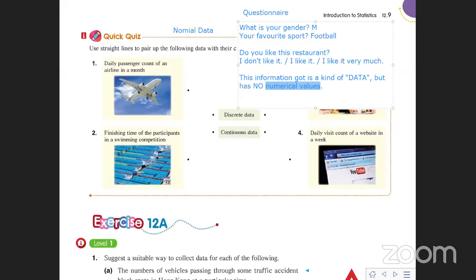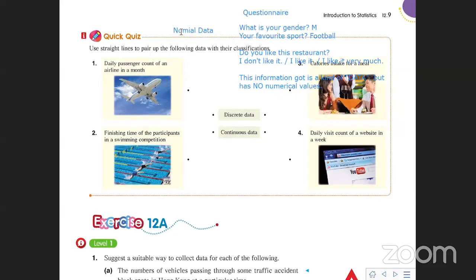Apple has no numerical values, but it is a kind of data, because sometimes you may need to collect information like that instead of just taking numbers. Therefore, we have another type of data which is called nominal data.